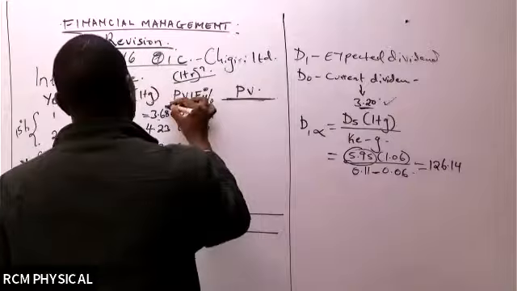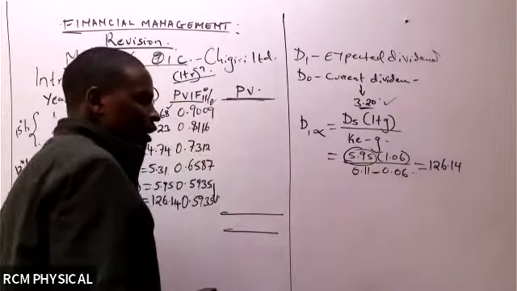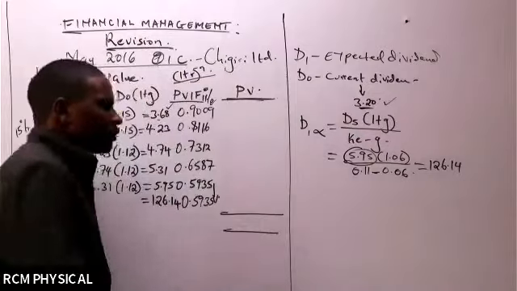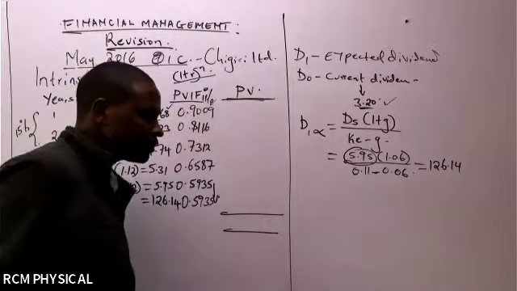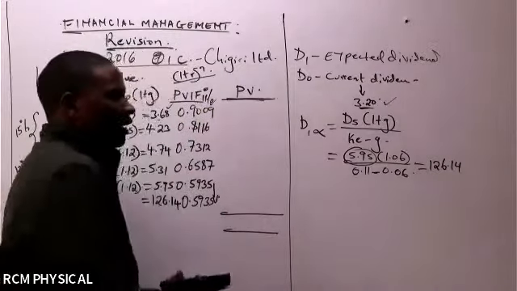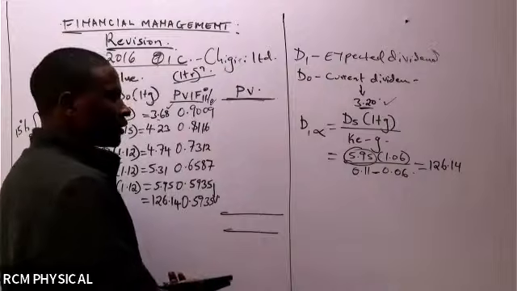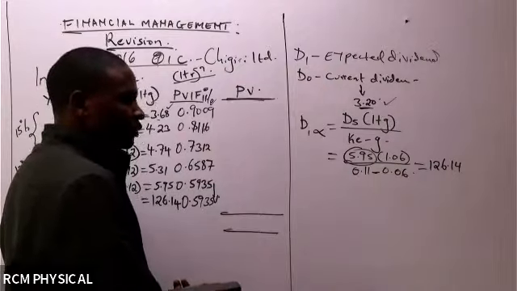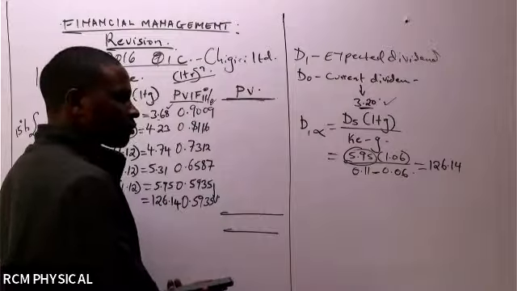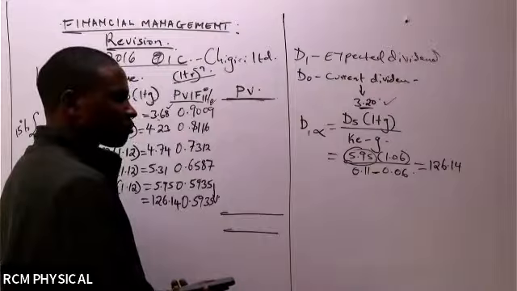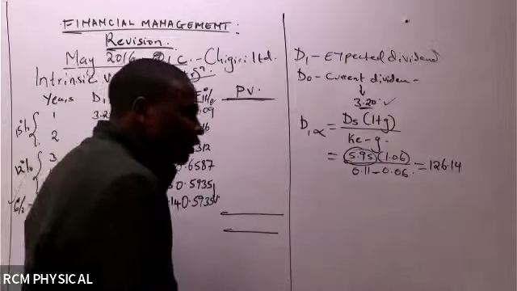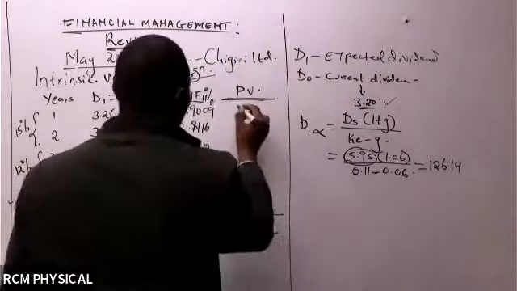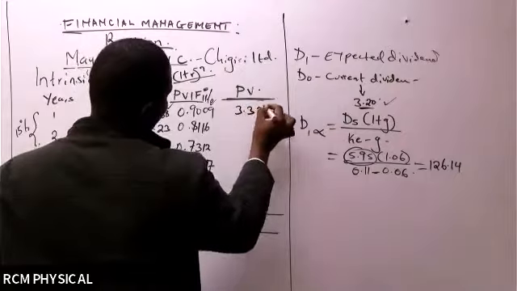So give me the first one. This times this. Ya kwanza ni ngapi? To 2 decimal points. 3.32, asante. Ya pili.